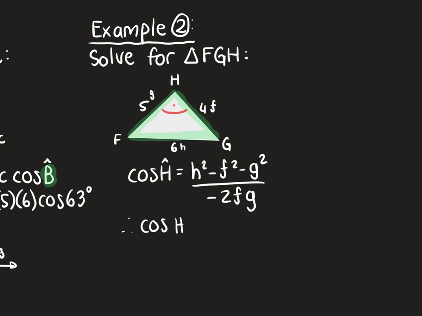So cos H is going to equal h squared, which is 6 squared, minus 5 squared minus 4 squared, all over minus 2 times 5 times 4.